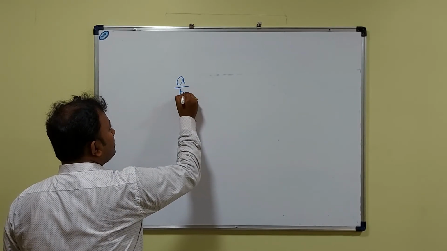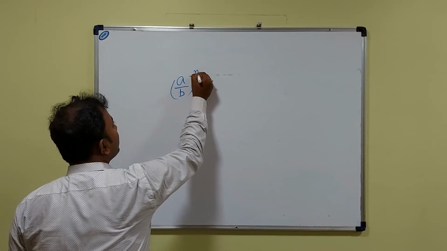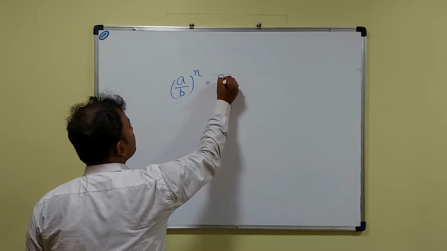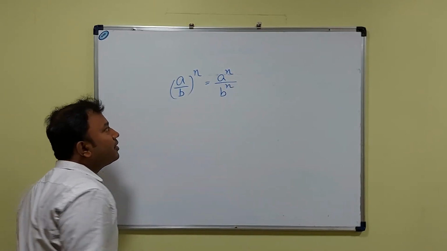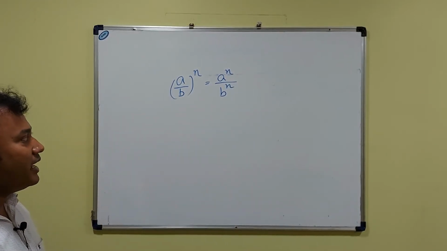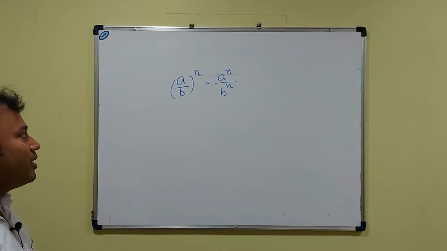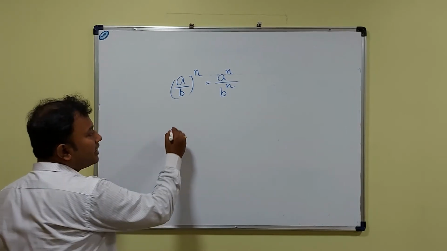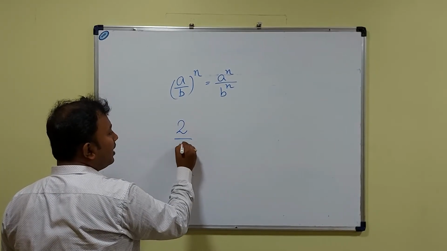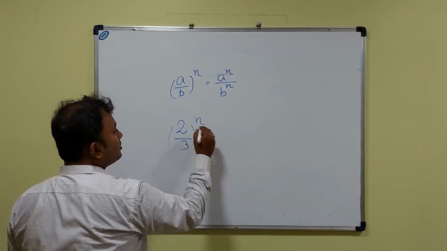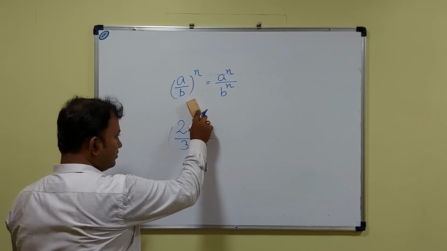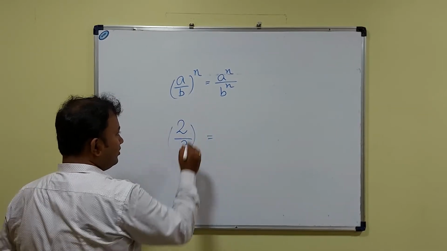If a by b whole to the power n, then it is a to the power n divided by b to the power n. Let us see an example. 2 by 3 whole to the power, let it be 4.